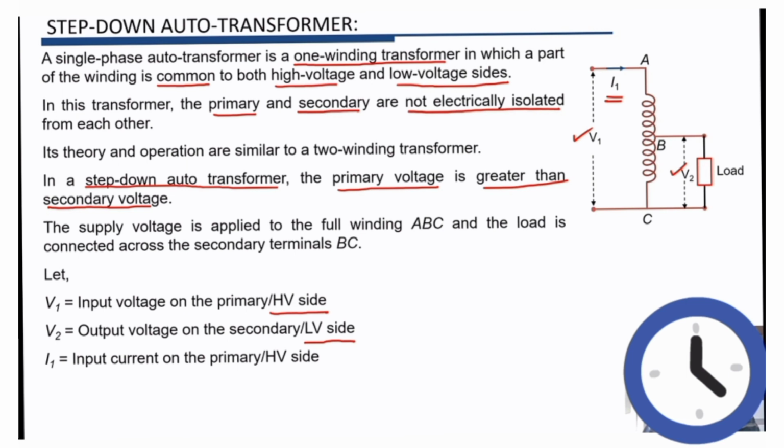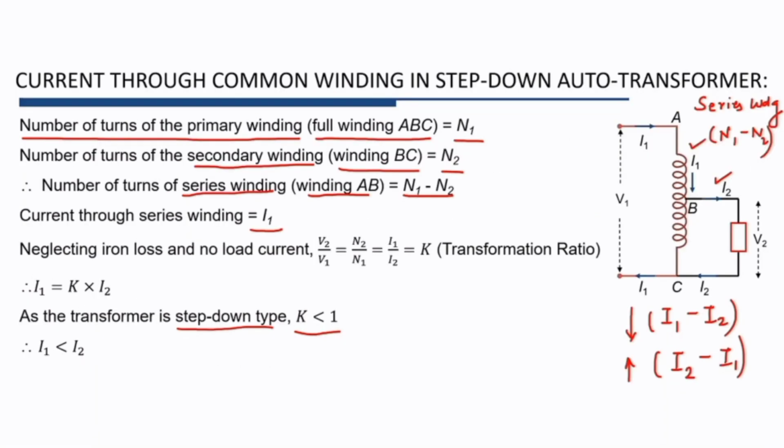The number of turns of the primary winding, which means the full winding ABC, is N1, and the number of turns of the secondary winding, the part B and C, is N2. So we know the notation for the winding B and C, which is common to both, as N2, and the primary winding ABC as N1.